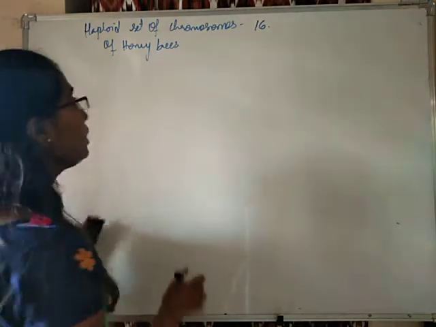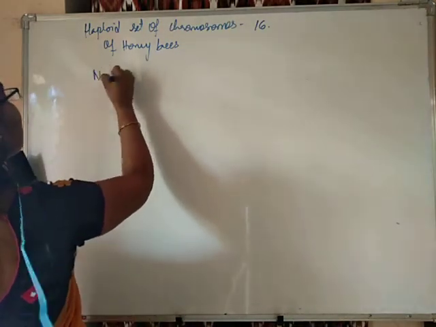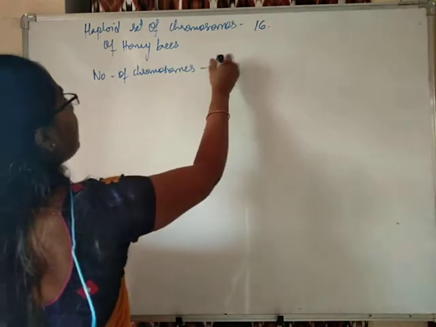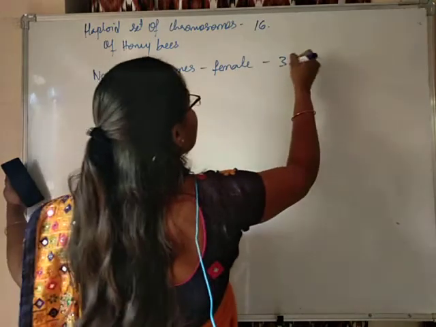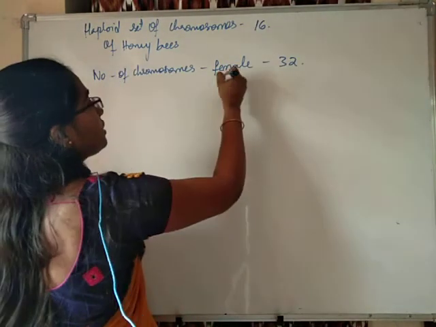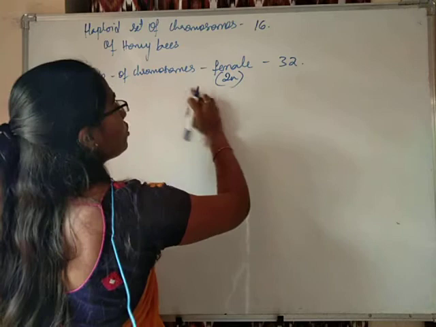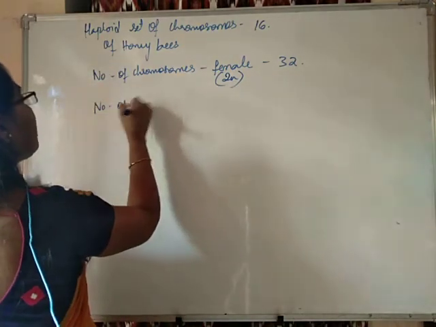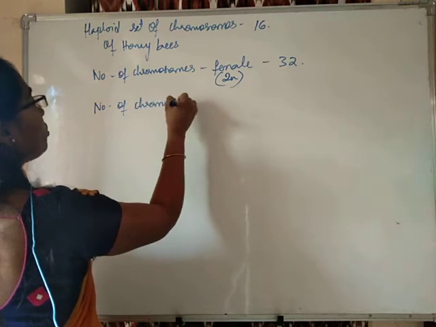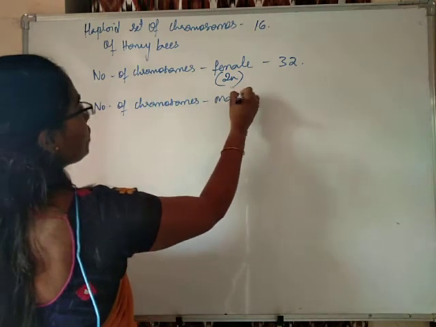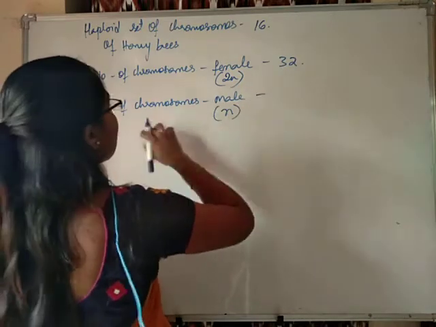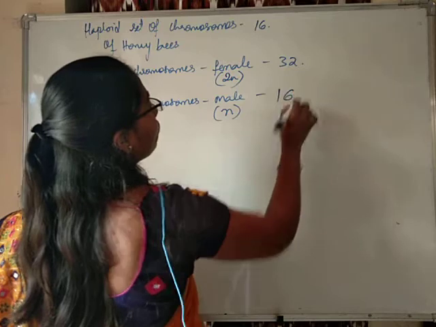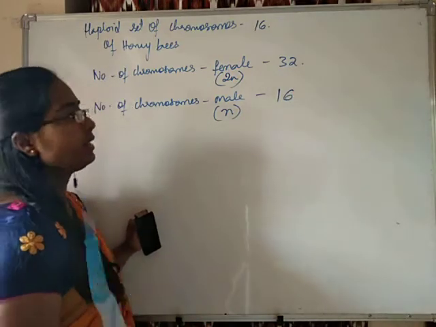So now the number of chromosomes in a female will be 32 because the females are diploid. Whereas the number of chromosomes in a male individual, who is haploid, will be 16.